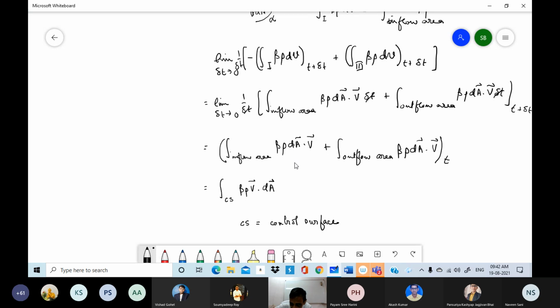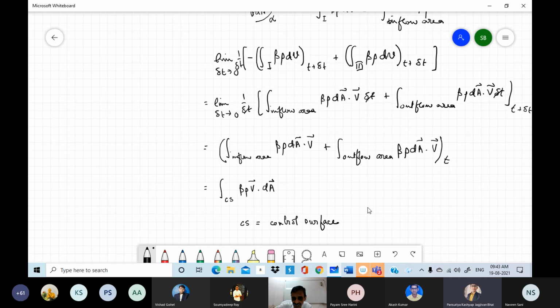So to this I could have added a zero flow area. On the surface, either there'll be an inflow or an outflow or zero flow. If there is zero flow, then V is 0, and that portion will not give me anything. So over the control surface, if I expand this, I'll have three terms: inflow area, outflow area, and zero flow area. On the zero flow area, V dot dA is 0. So that cancels out, and I am left with inflow area and outflow area. Okay.